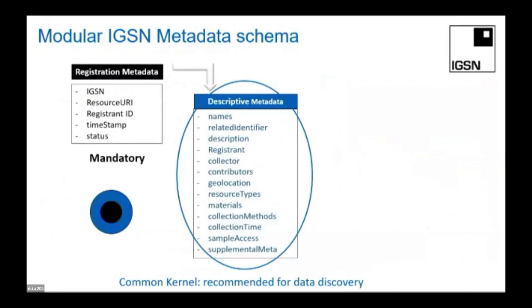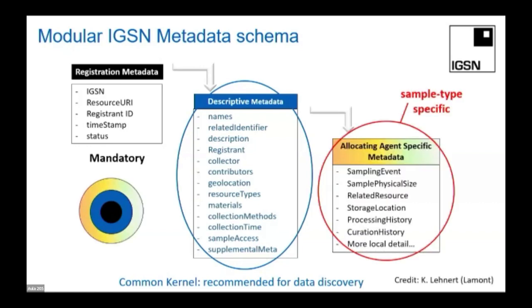And the aim was always to identify these as a common kernel for all IGSNs, which would then also be included in any catalog beyond one repository. And then it was very important to have the possibility to add very discipline-specific, sample type-specific, domain-specific metadata properties according to the specific repository that is actually providing these IGSNs.